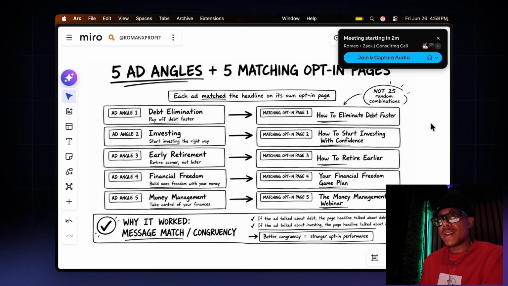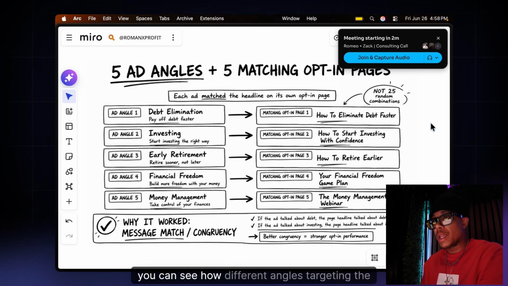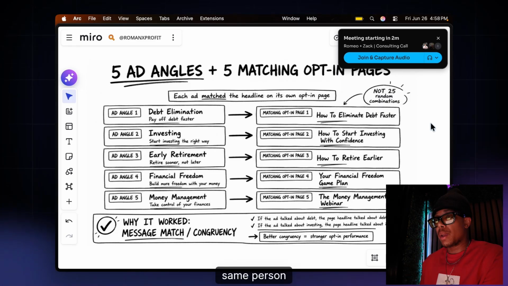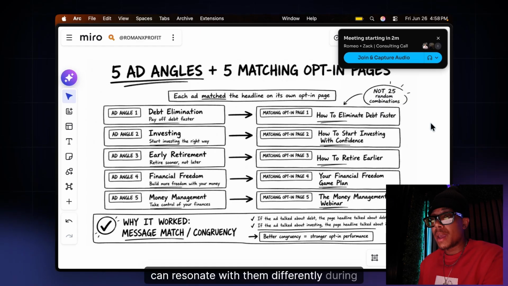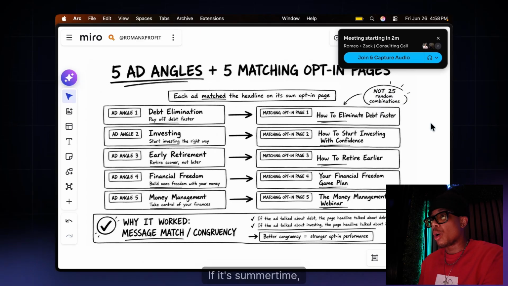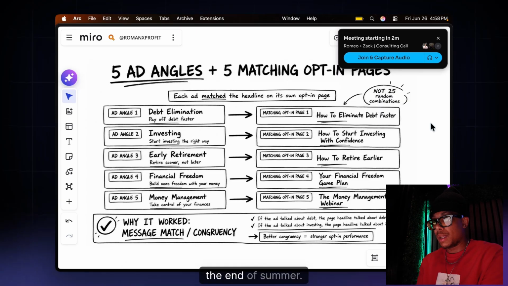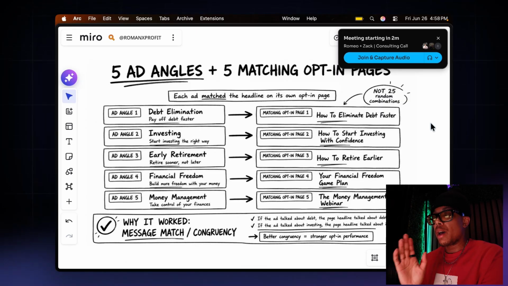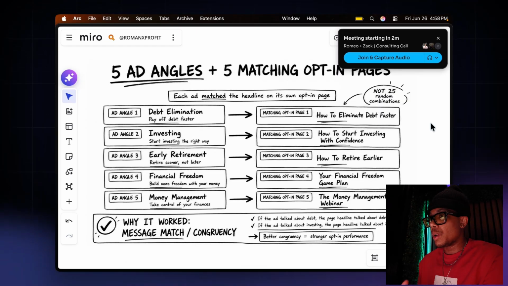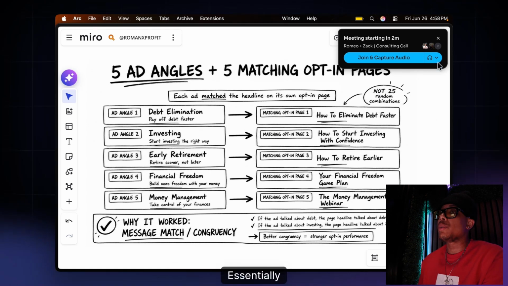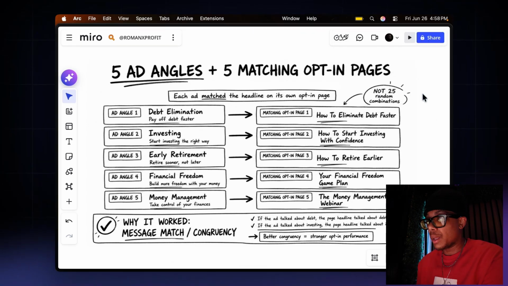For example, right now it's summertime. The messaging that we've been using for one client for the past couple of months is no longer working, and we were able to spot that because of the testing we were doing. So we're always testing different messaging angles to ensure we're hitting the ICP, so that we're getting consistently good opt-in rates, low cost per results, everything like that.